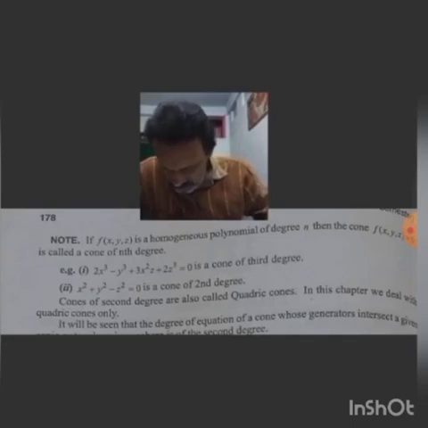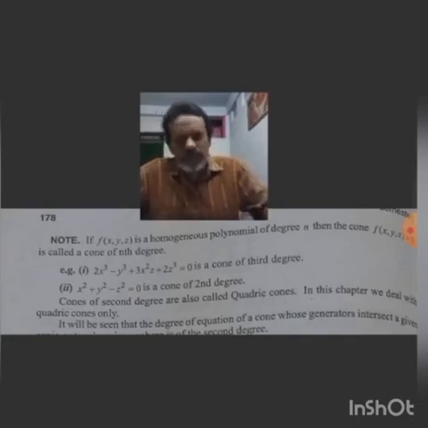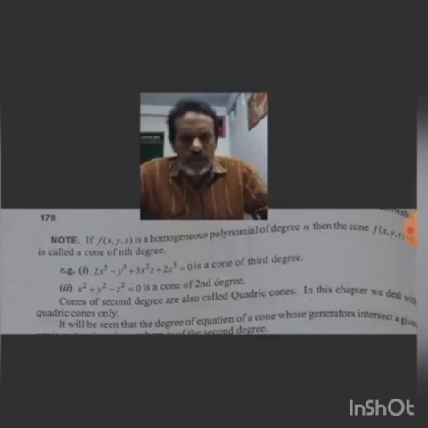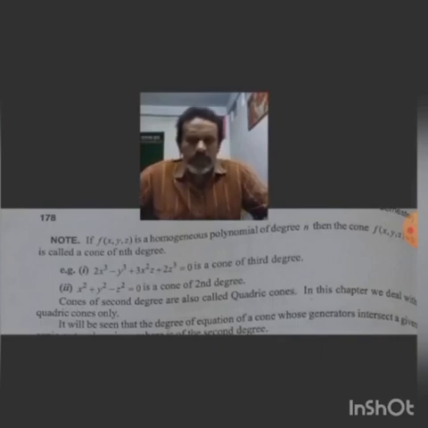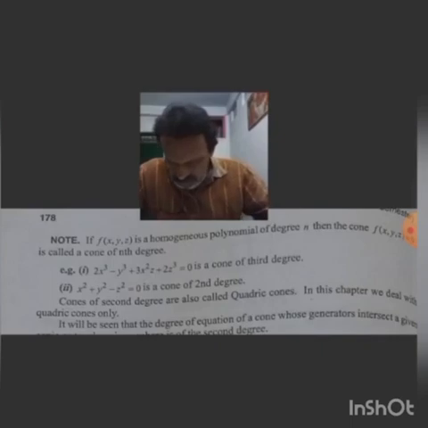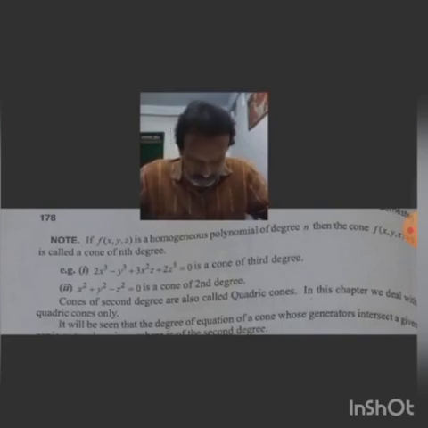X square plus y square minus z square is equal to 0 is a cone of degree 2. As given in the example, it is clear that whenever the degree is 2, that cone is called a quadratic cone. Simply we can call it.